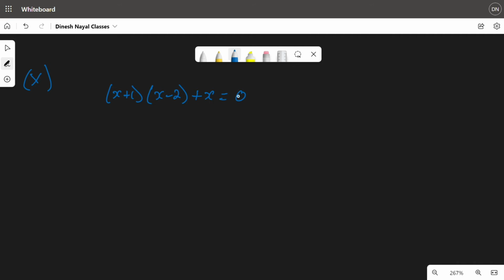Now solving this, this is x square minus 2x plus x minus 2 plus x equals 0.